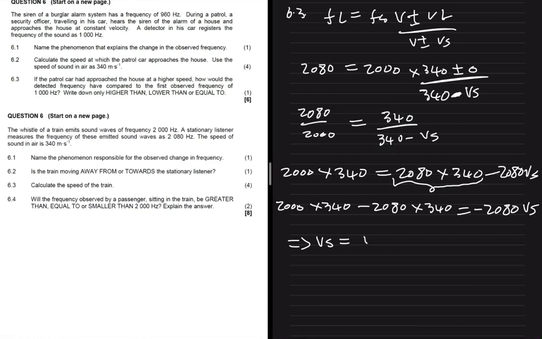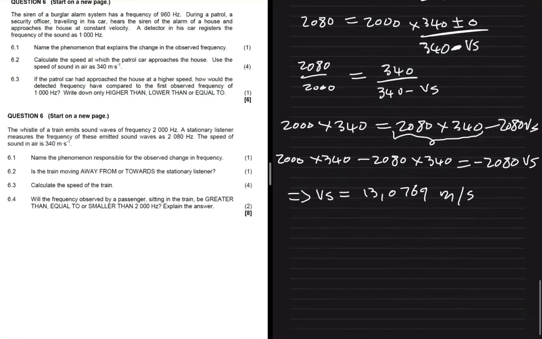That gives me 13.0769 meters per second. I think that's about it for the speed of the train. 6.4 says, will the frequency observed by a passenger sitting on the train be greater than, equal to, or smaller than 2000 Hz?